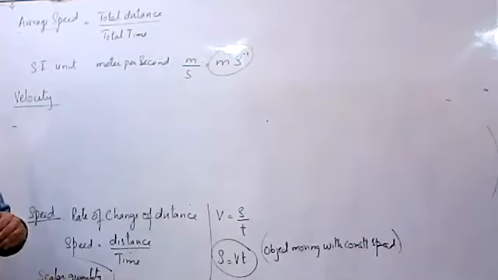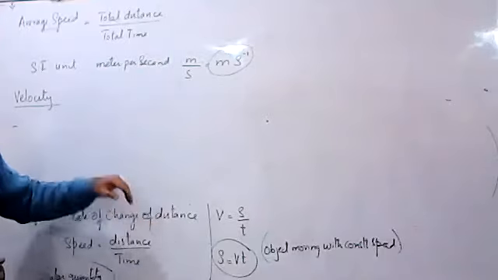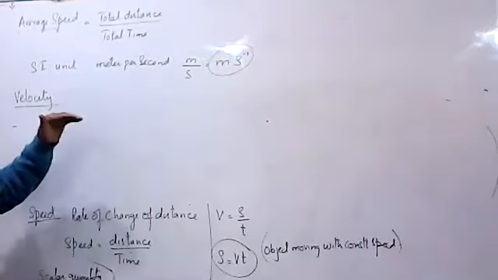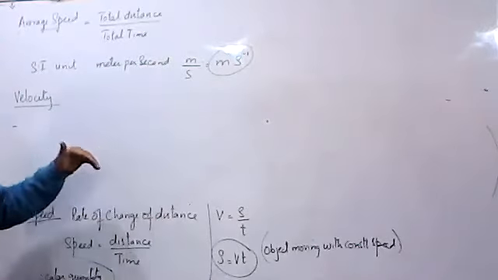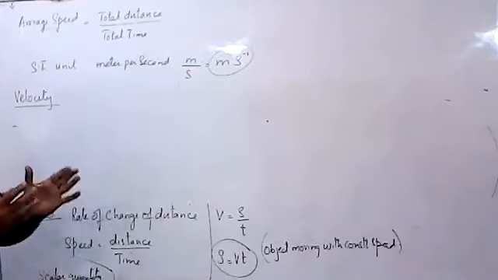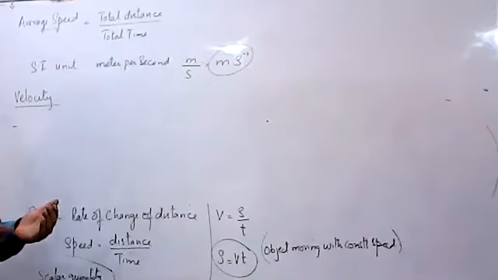Or in other words, in case of speed, we said it is rate of change of distance, but velocity is rate of change of displacement. Displacement is a vector quantity which has a direction, so velocity will have the same direction as the displacement.